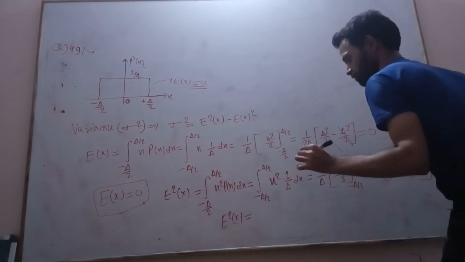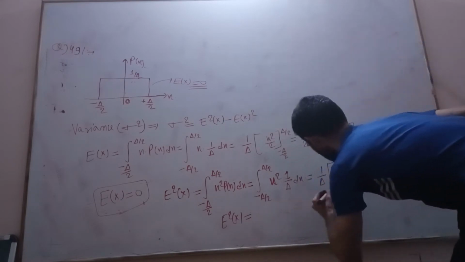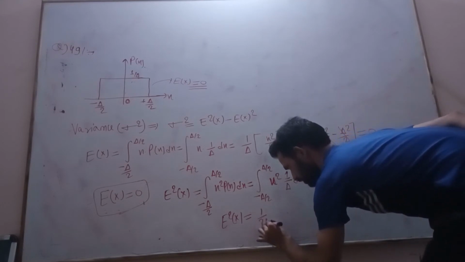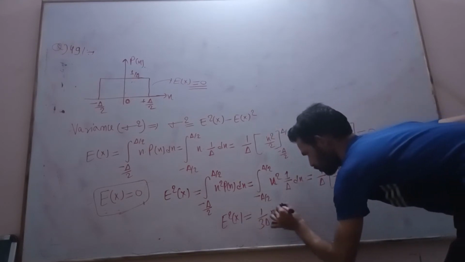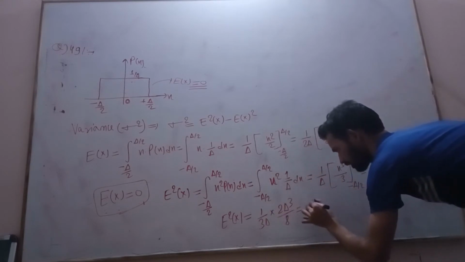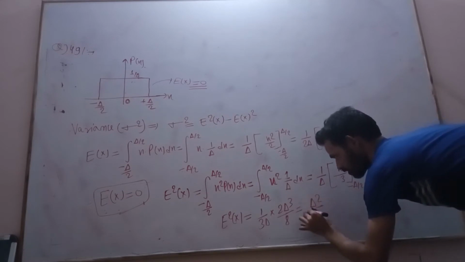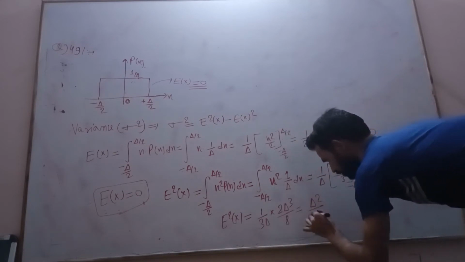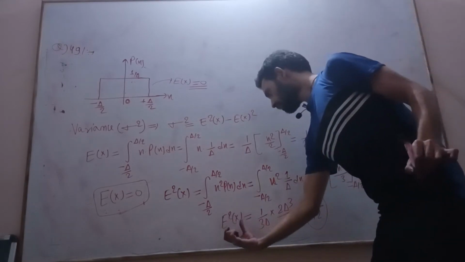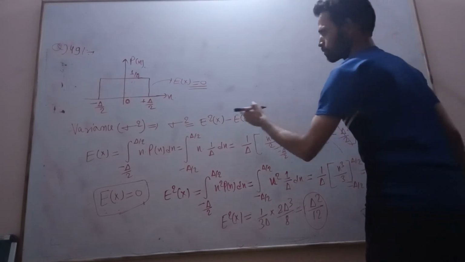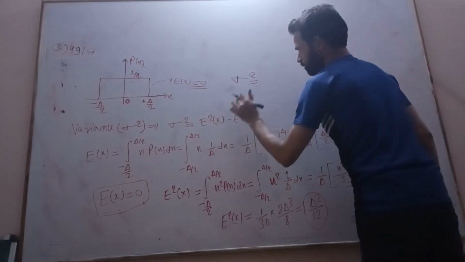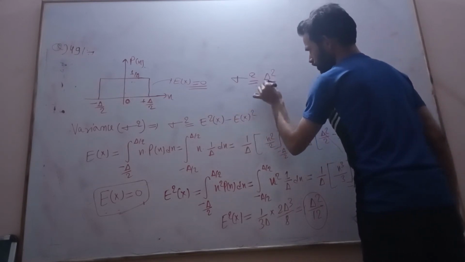So the expectation of x square is 1 by 3 delta times 2 delta cube divided by 8, which is delta square by 12.